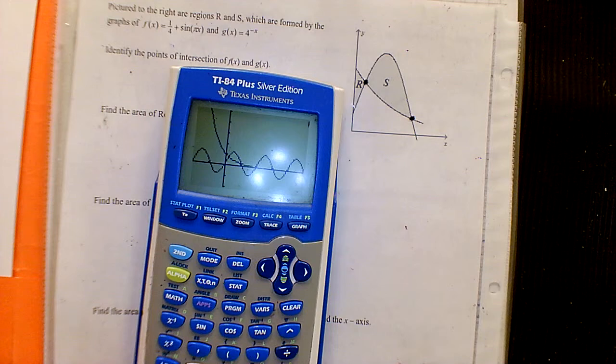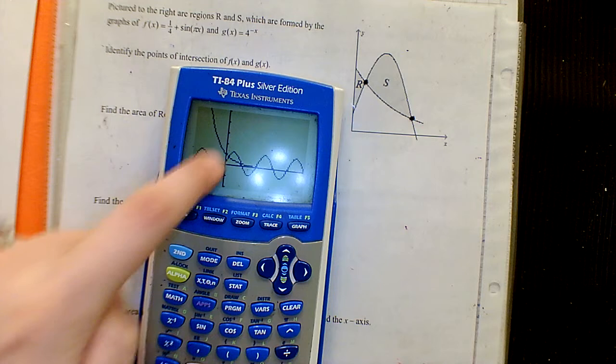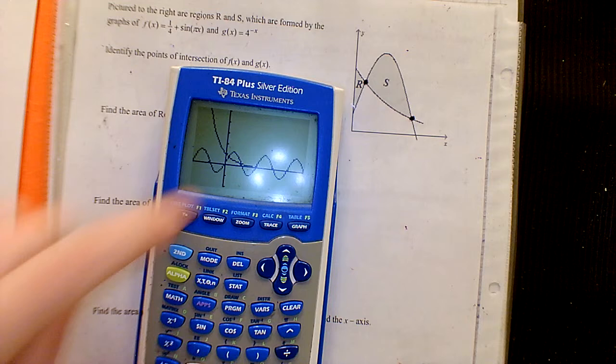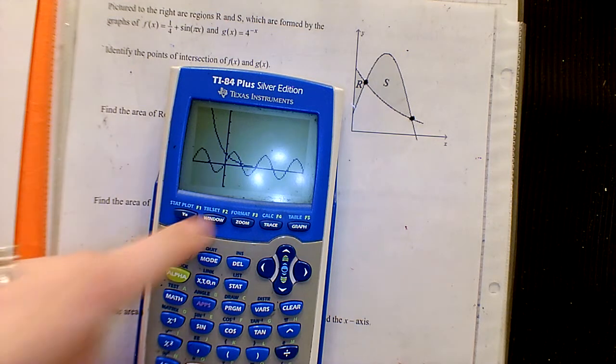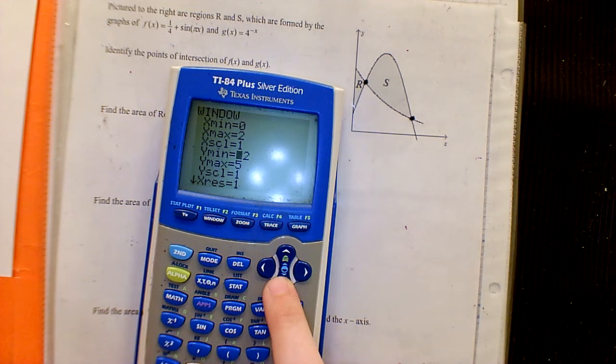All right. Clearly, that's a little too much, because notice how we're only really looking at this first hump in the wave. So we can cut down this window a little bit so we can just focus on that portion. So let's make our window perhaps go from 0 to 2 for the x-axis, and then maybe we'll go from -1 to 2 on the y.